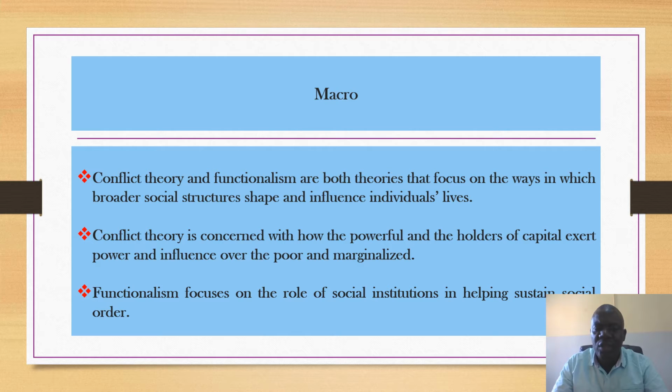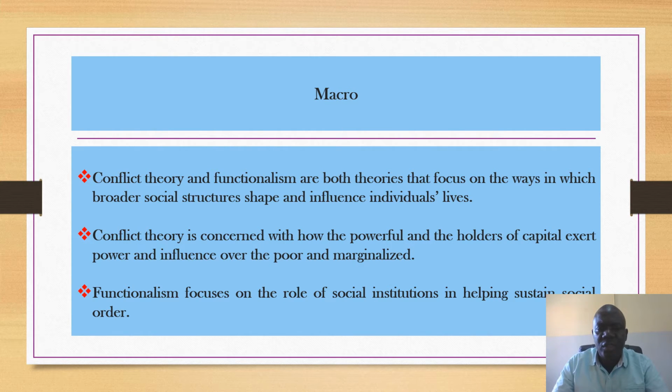Functionalism, again, also focuses on the role of social institutions in terms of sustaining social order. Again, structures. So both conflict and functionalism, they are macro. They are not like symbolic interactionism theory that focuses on small relationships, intimate, and how individuals relate with each other.